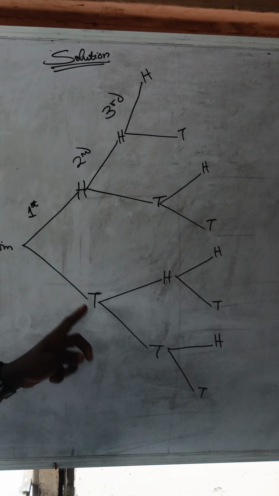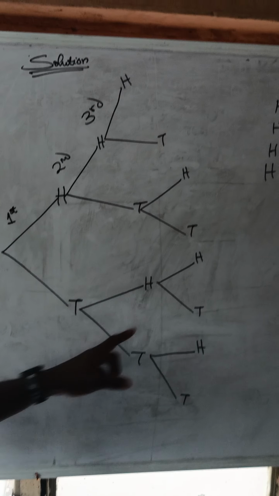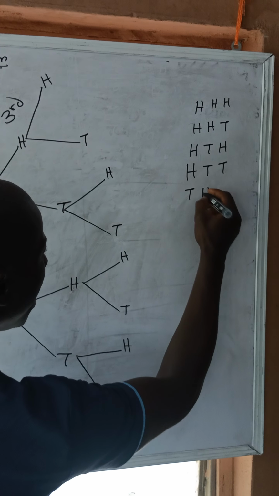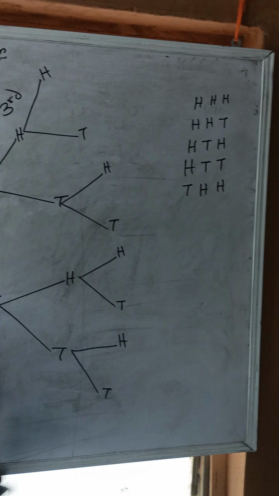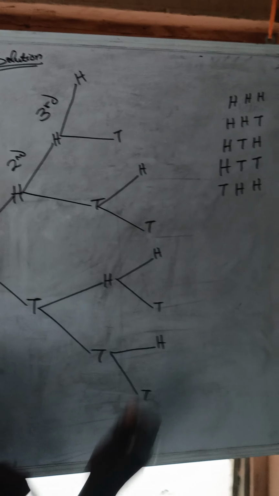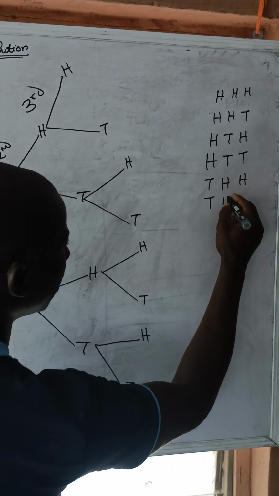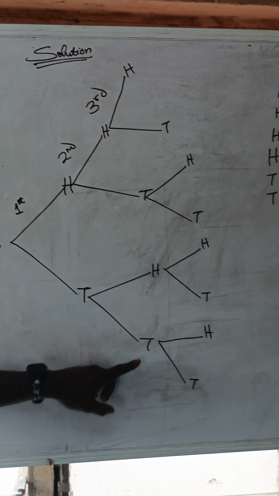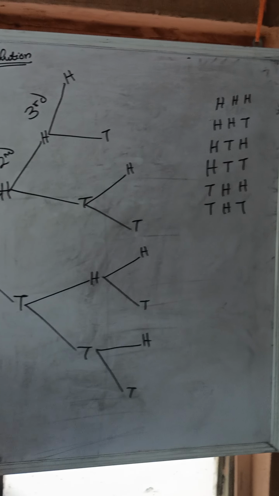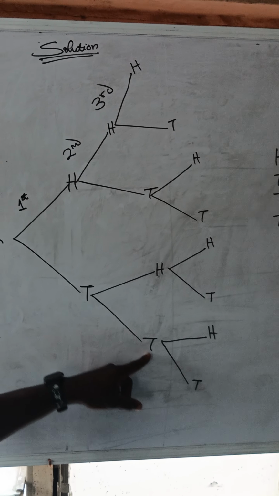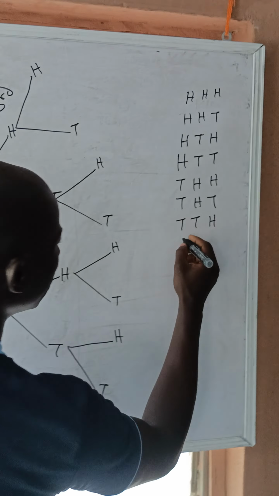We start from the first row: tail, head, head. Then tail, head, tail. Then tail, tail, head. And tail, tail, tail.